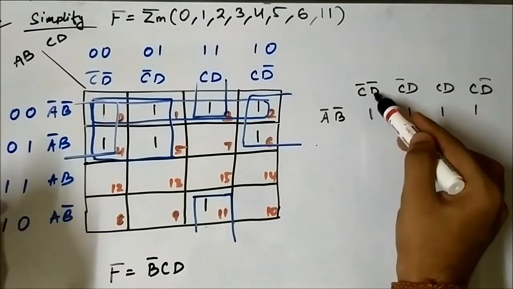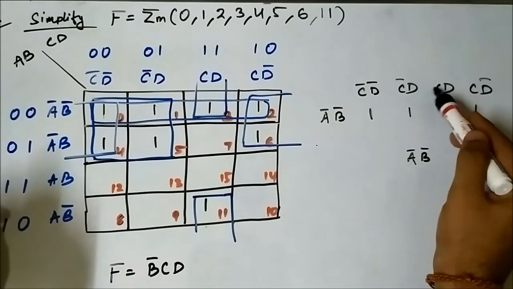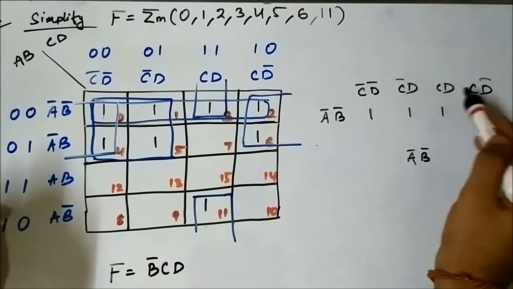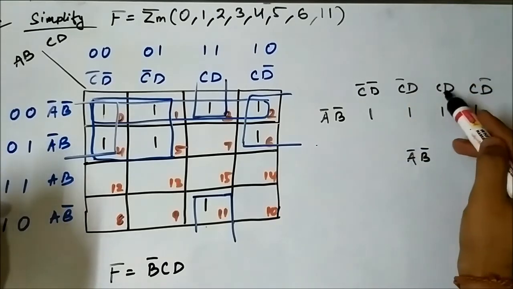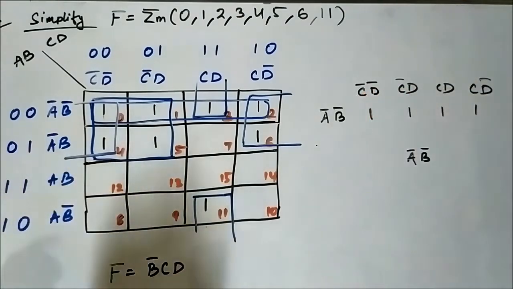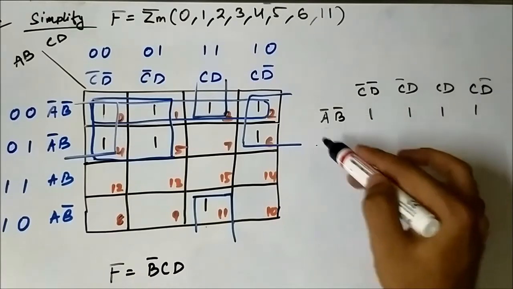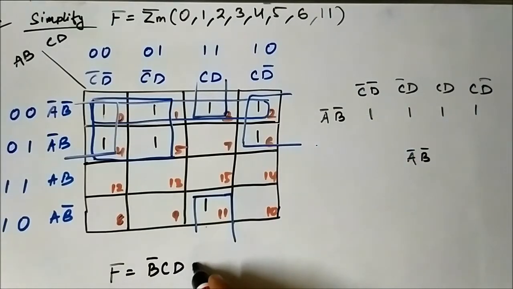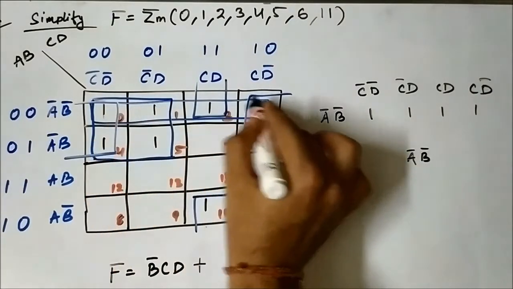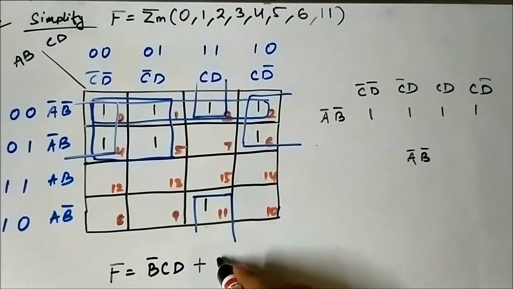C bar D bar, C bar D, up to this point C bar is common. Here it is CD, so C is changing, we have D common in these two cells. Again CD, CD bar, C is common in these two cells. So nothing is common in the 4 cells combined. So for this quad the common set of variables are A bar, B bar.